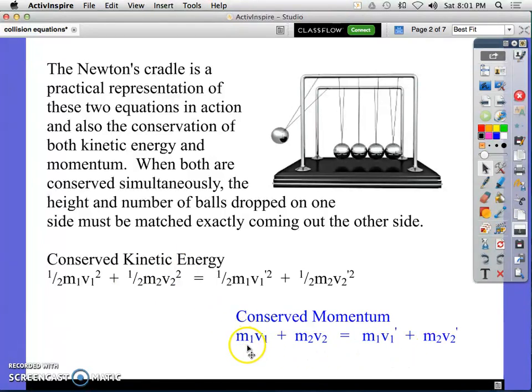The momentum of the first ball before the collision plus the momentum of the second ball before the collision has to equal the momentum of the two after the collision. Again, the momentum of the second ball is zero starting out. I'm not going to bother to prove these because that's been done repeatedly by many people. We're going to accept those.